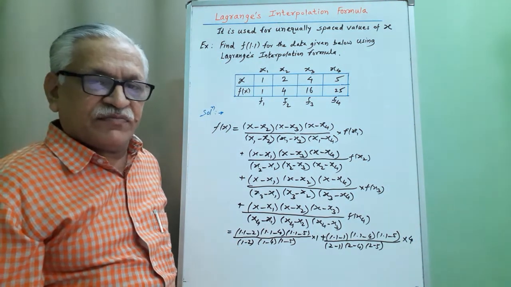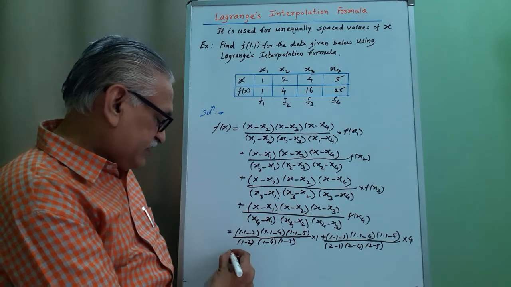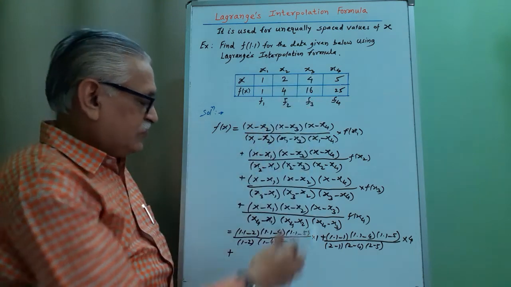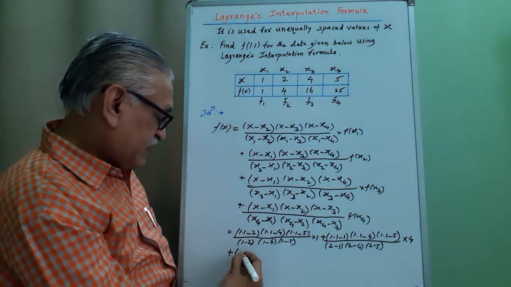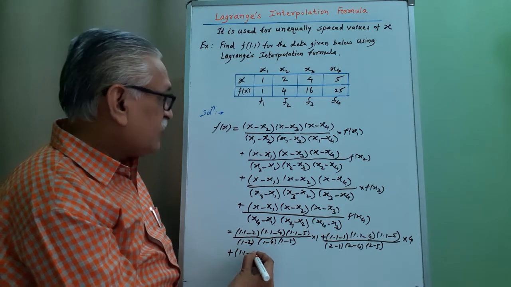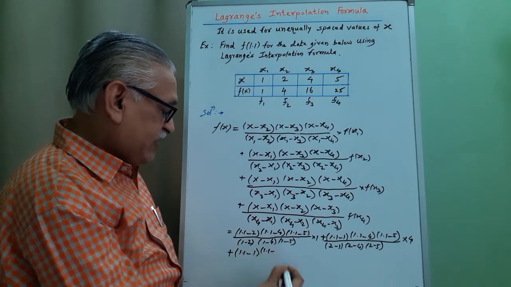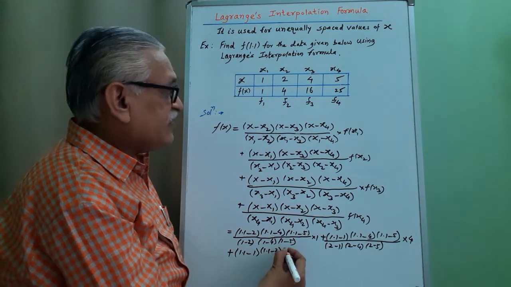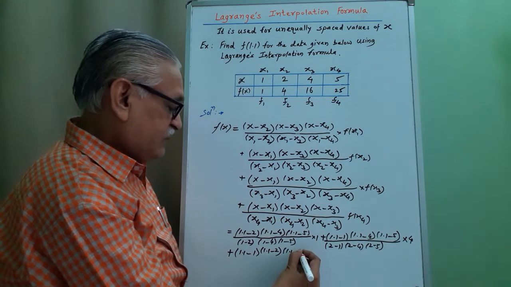The second time, that product I completed. Then the third time plus, this time we are neglecting 4, meaning it is x minus x1, 1.1 minus 1, 1.1 minus 2, and 1.1 minus 5.